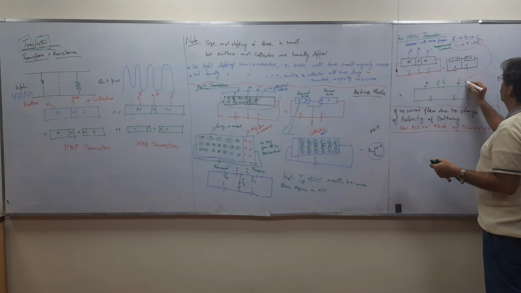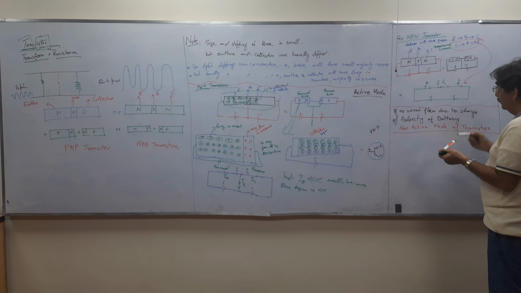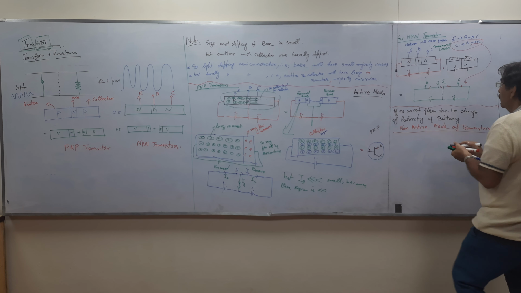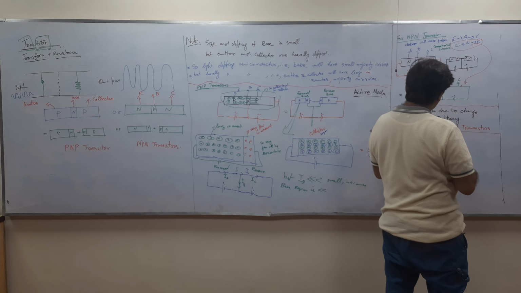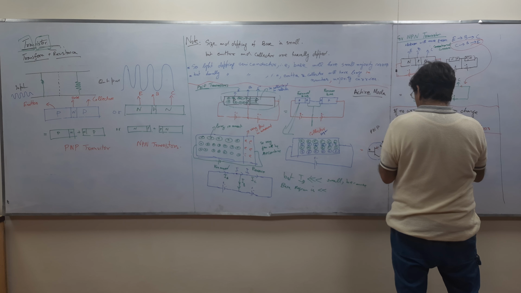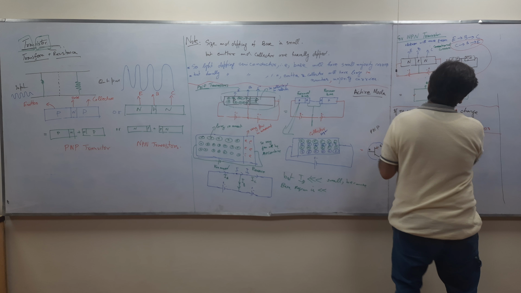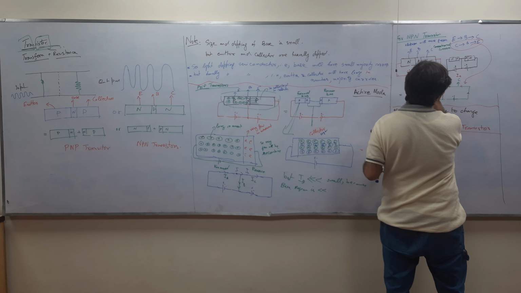From here. So this is IC, this will be IB, and this will be IE.